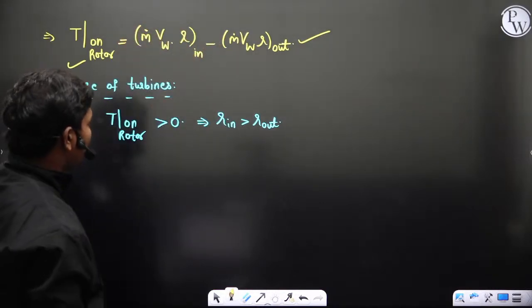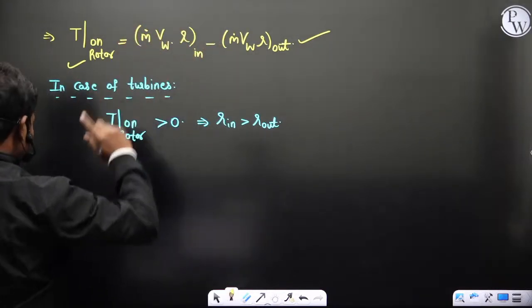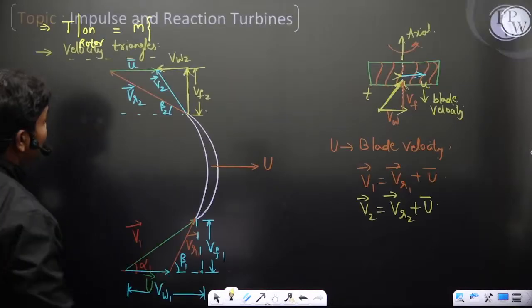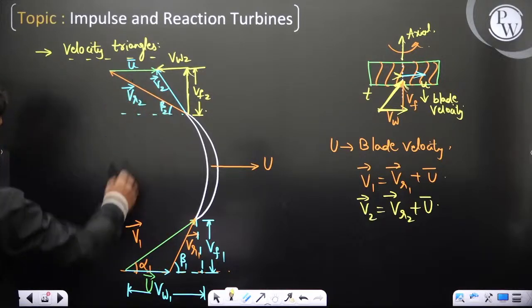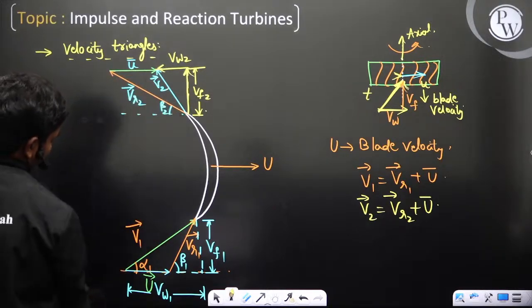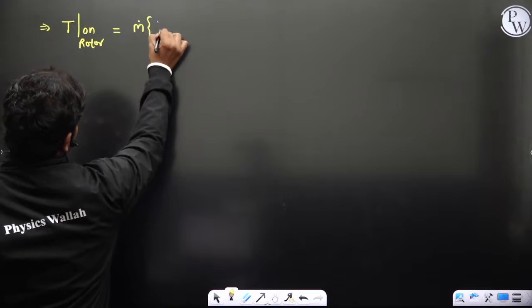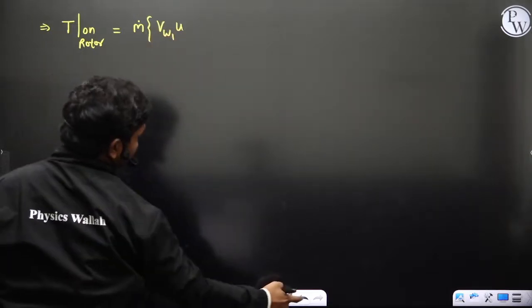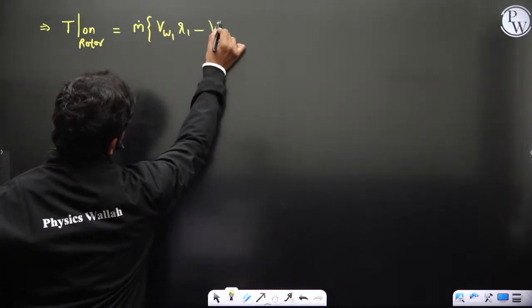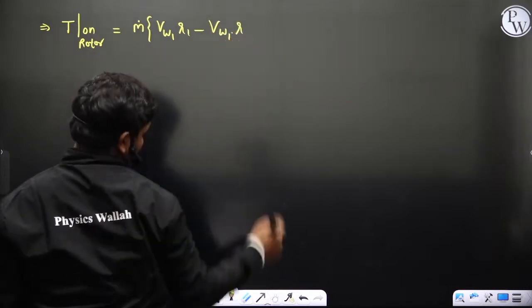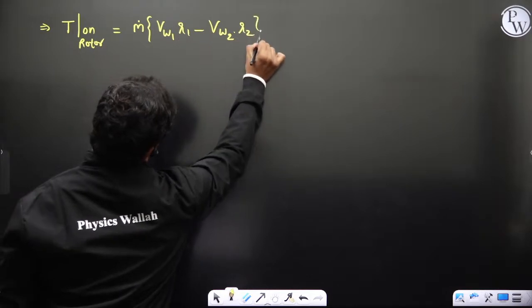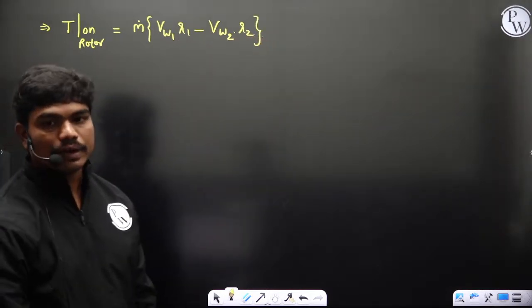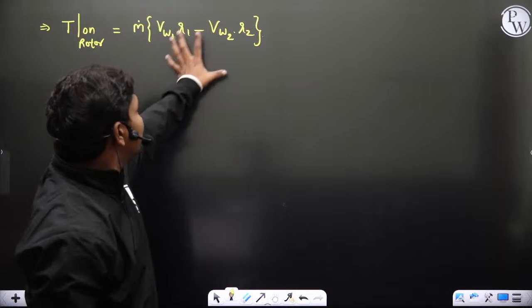So if I take it common, then the product vw into r at inlet, since inlet conditions are denoted with 1 and outlet with 2, you can write vw1 r1 minus vw2 r2. So this is the final answer that you have.